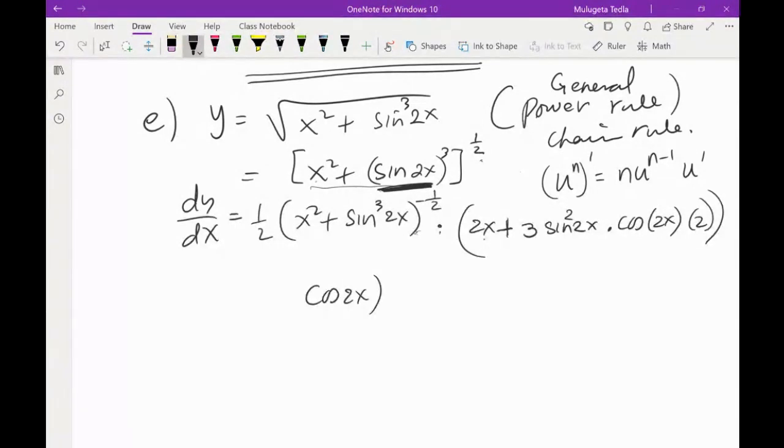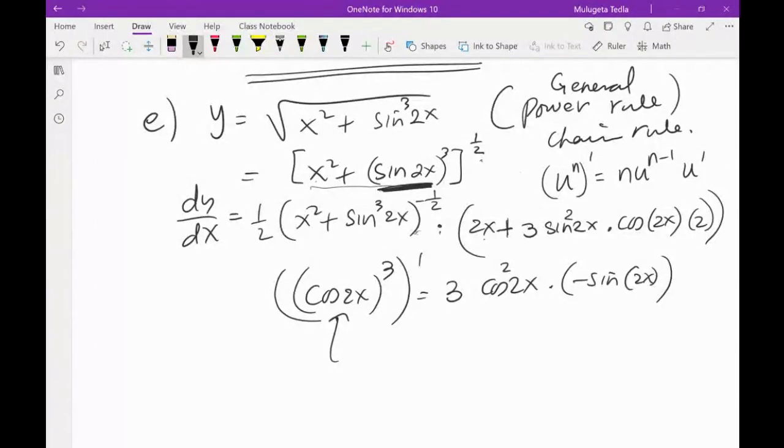Sine of 2x cubed. What is its derivative? It is 3 times the base, reduce the exponent by 1 squared, times the derivative of sine 2x, cosine of 2x, times the derivative of 2x, times 2. That's why I have this. 3 cos, oh, did I do that?